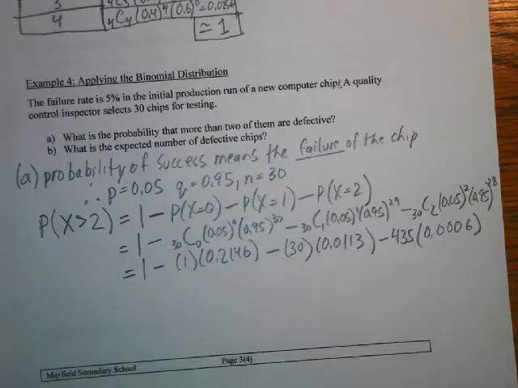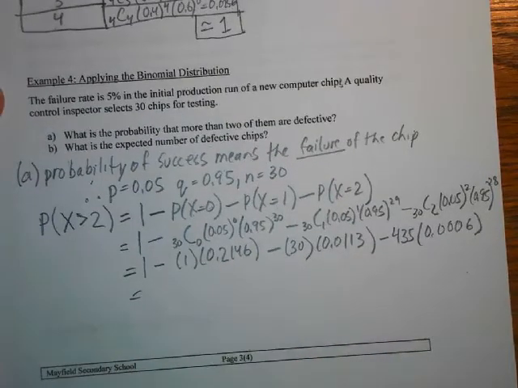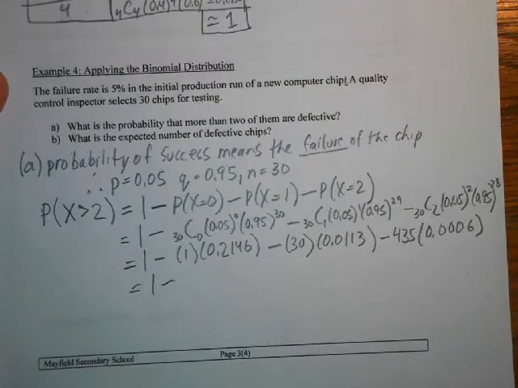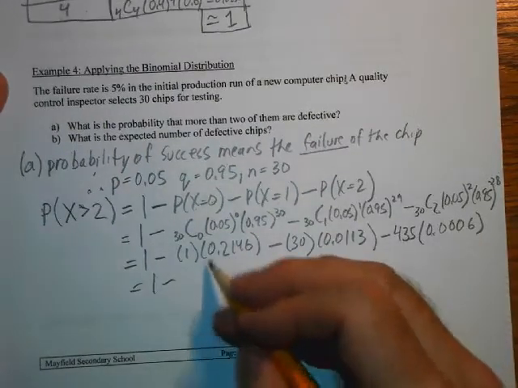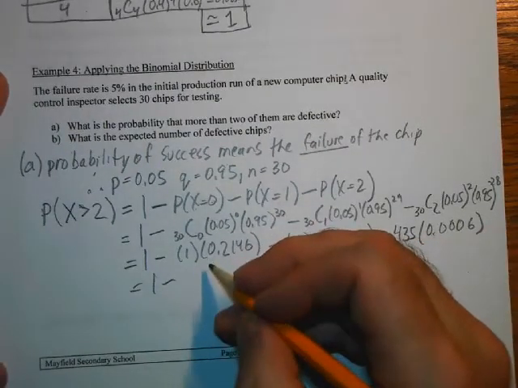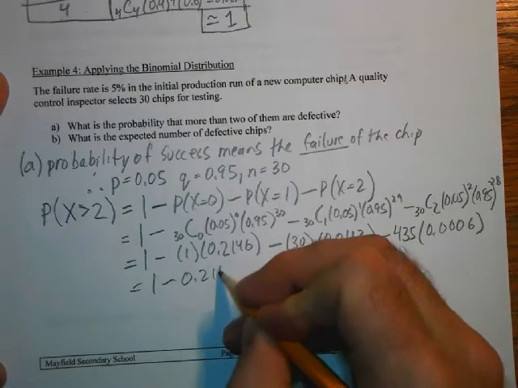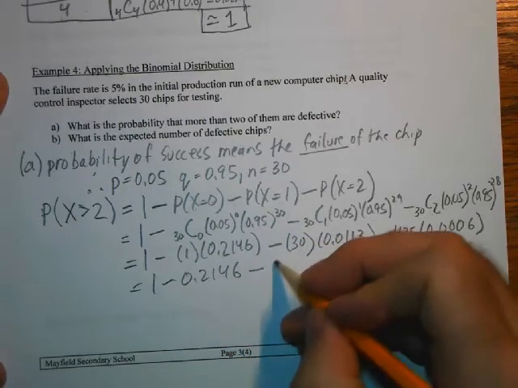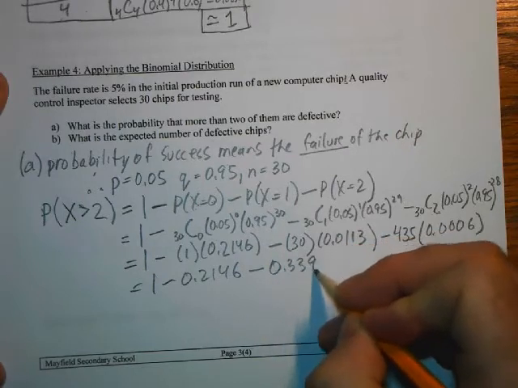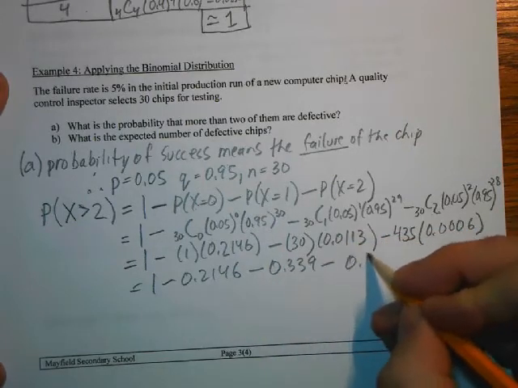Okay, now I'll put in one more step here where I multiply these three things before I combine them. So that's 0.2146, 0.339, and 0.26.